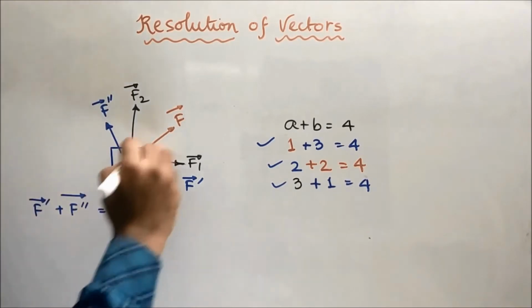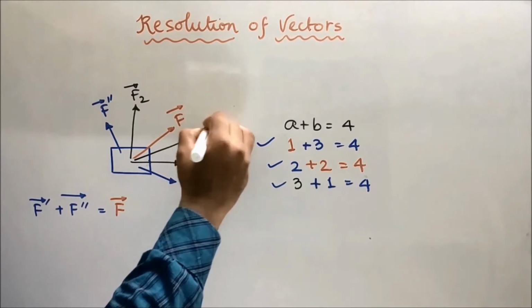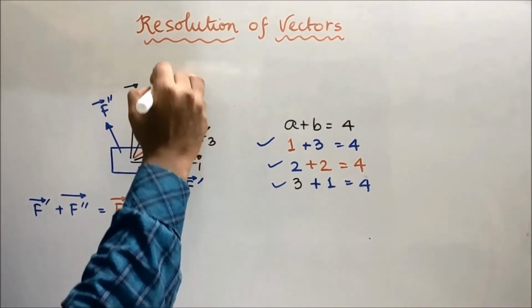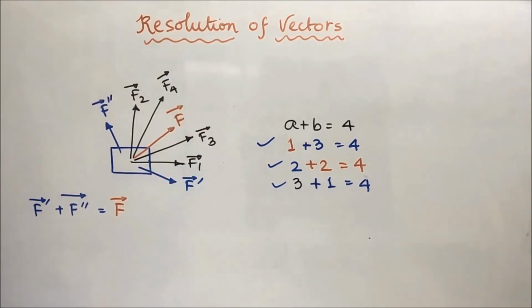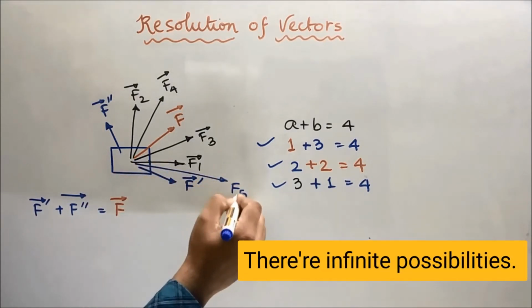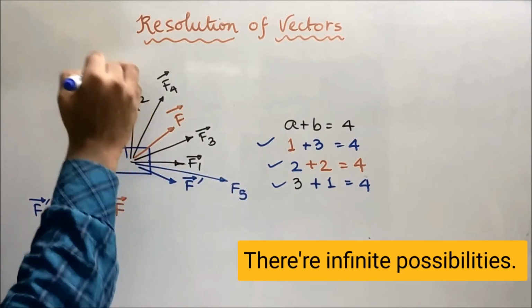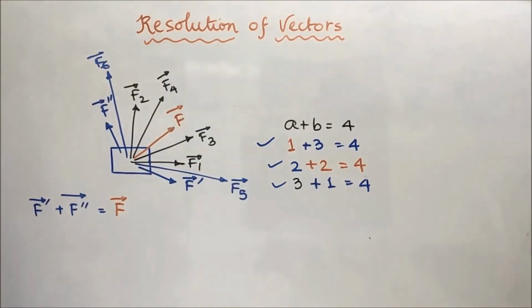Another student may say no, it is because of F3, F4, or some other student may say this is because of F5, F6. I am not drawing further pairs of forces because it will become clumsy, but I think you have understood this.